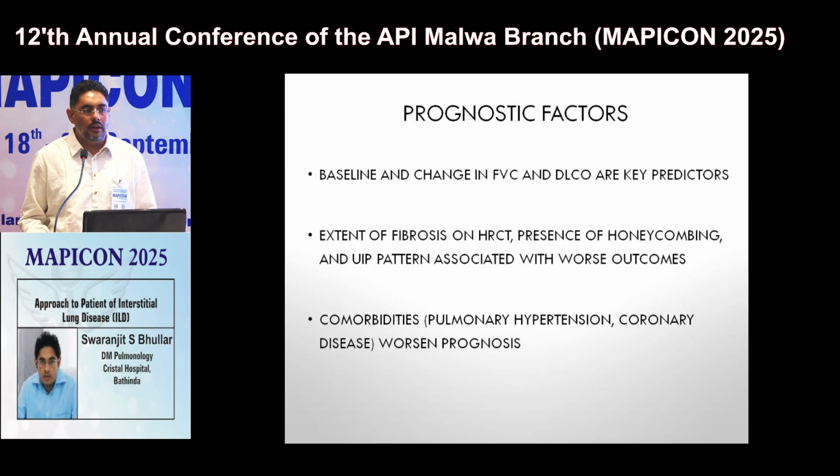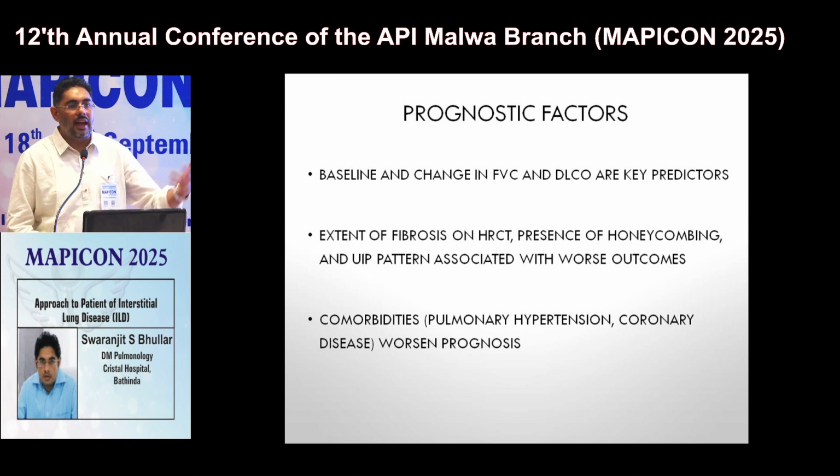ILD is a varied disease. Some patients progress very, very fast. Within a few months, I have lost a patient from diagnosis to treatment, even though they were regularly on follow-up, taking proper medication, properly compliant. I have lost them in a year or so. I have also seen the same ILD with 10 years of follow-up. I have seen 4-5 patients where I am not offering any therapy.